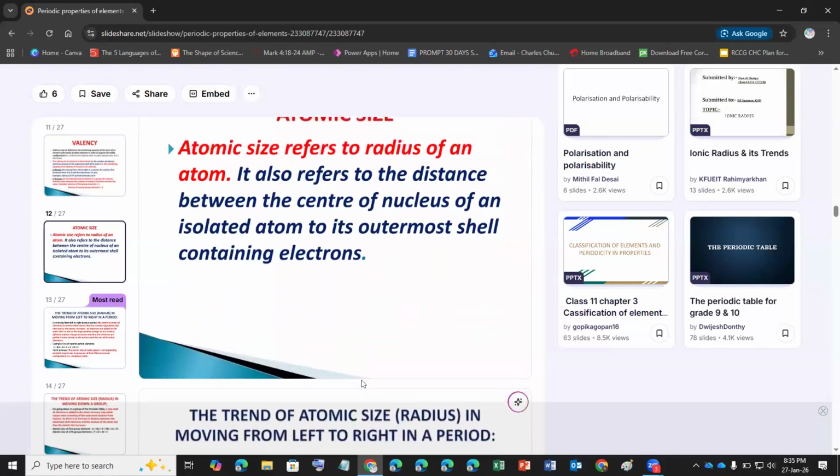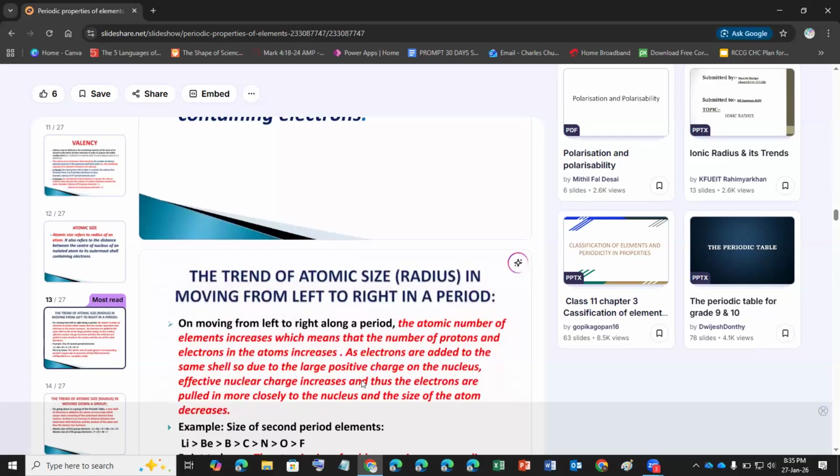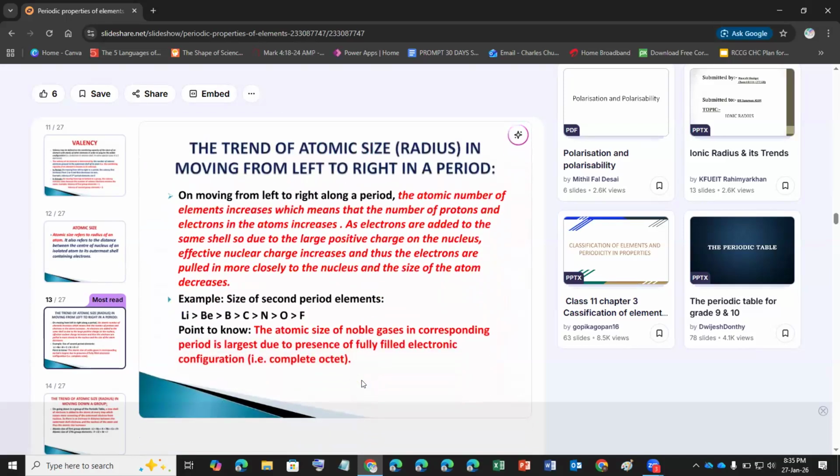So let's look at the trend for atomic size. Atomic size, like I discussed the last time, increases downwards. So take a look at this. Lithium leads to beryllium. In other words, beryllium is bigger than lithium.